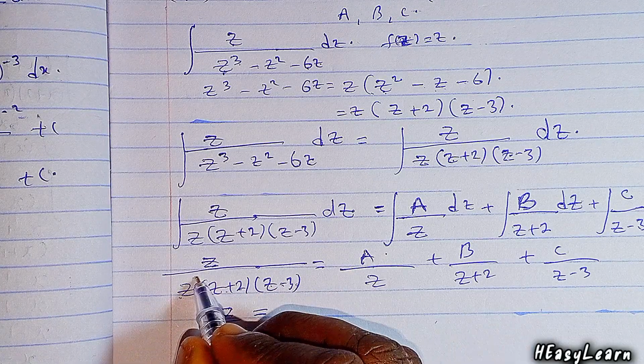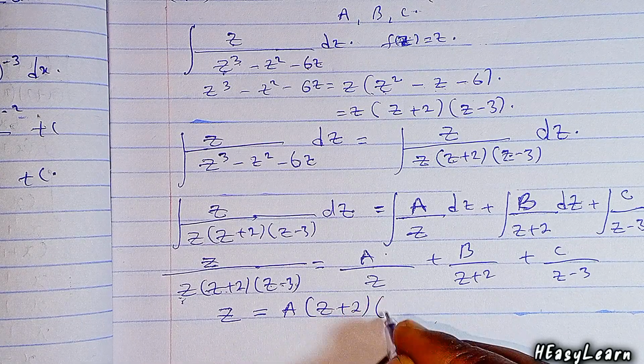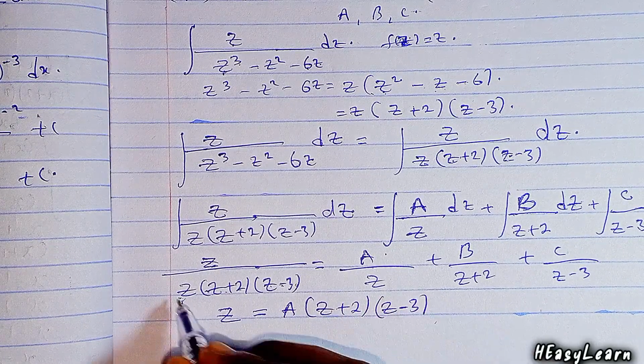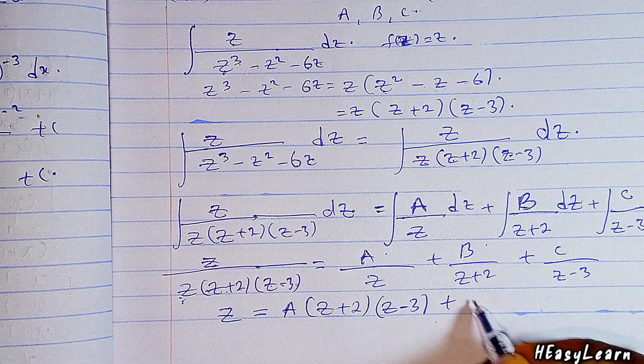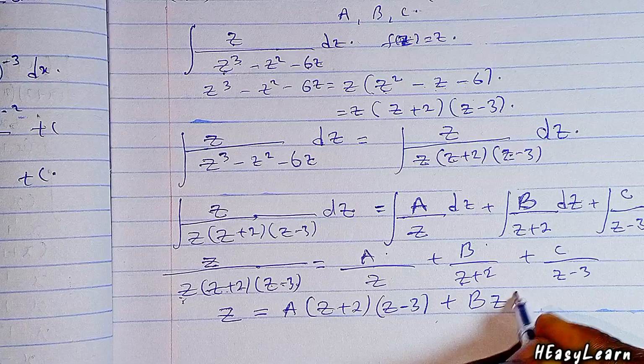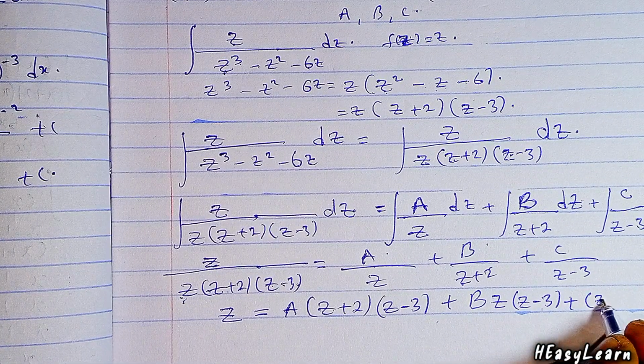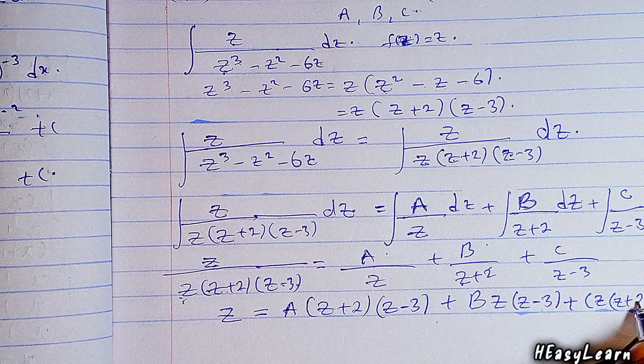It will reduce z. We have a times z plus 2, z minus 3. When this comes to this place, we have b. It will reduce the denominator to b, bz, z minus 3. Again, we have cz, z plus 2.